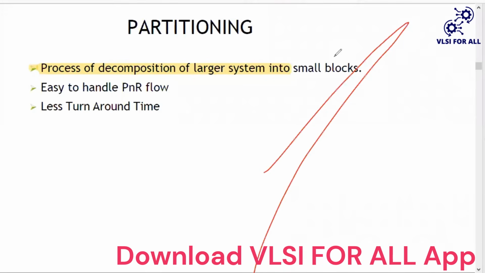And also it will take less time. If your chip is bigger, the time will be very high, right?